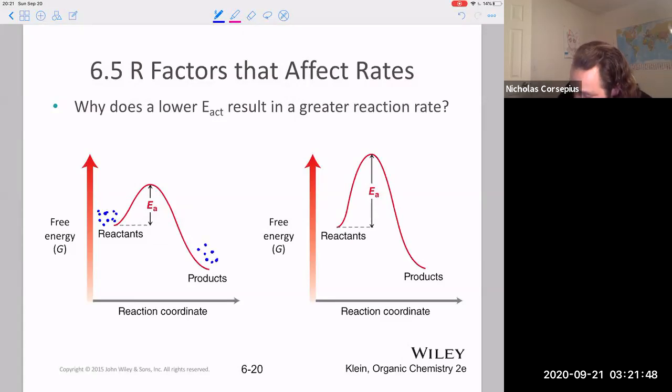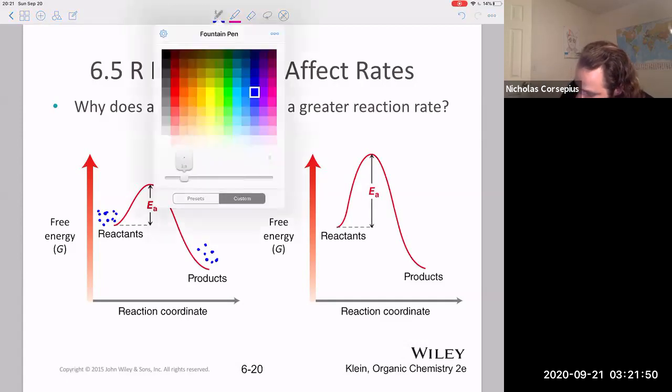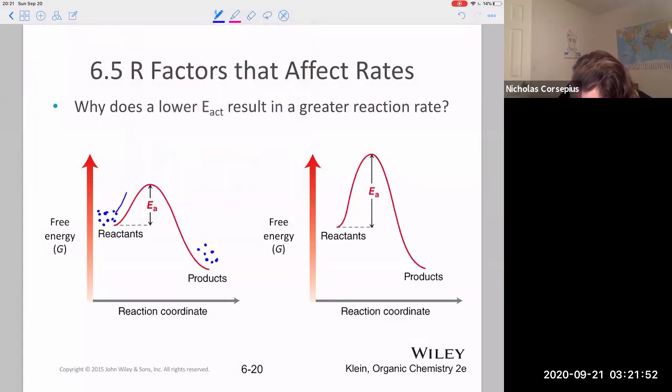To do so, these beads have to jump over this hill here. That hill represents the activation energy. That's how much energy those reactants need to have in order to actually make it to the product side.